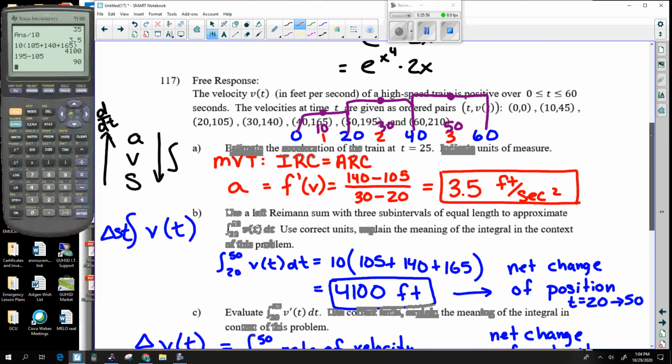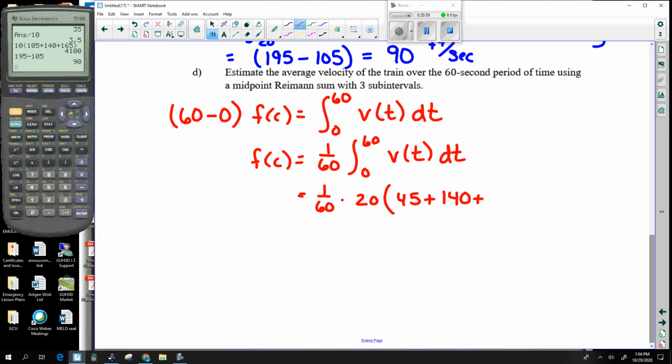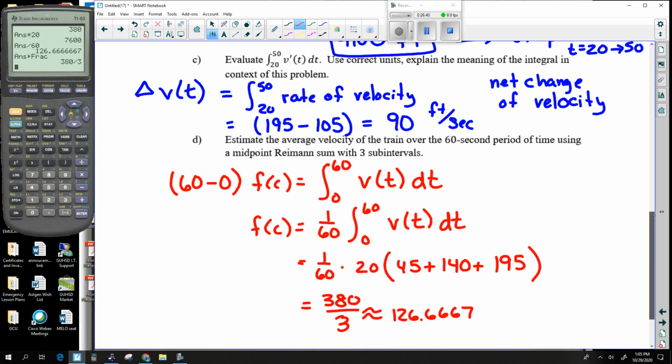And 50 is 195. So that is in essence my integral. This is the average velocity. So this is, again, I totally forget, feet per second.